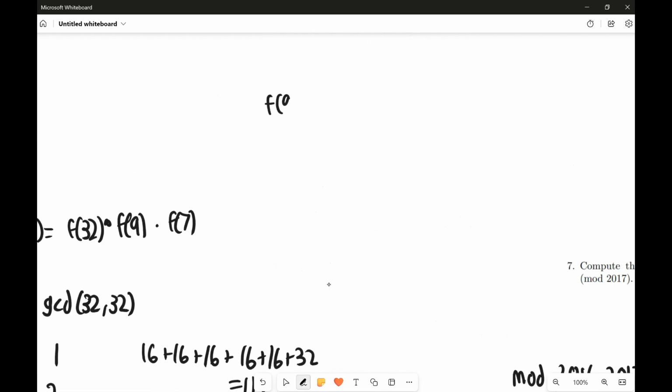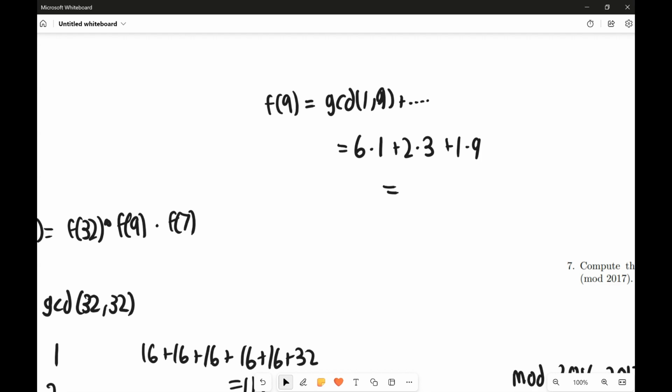Now f of 9 is equal to the GCD of 1 and 9, plus other terms. There are 6 terms that result in GCD 1, the ones that are not multiples of 3, 2 terms that make it 3, and then 1 term that makes it 9. Evaluating the sum, it's 6 plus 6 plus 9, which is 21.